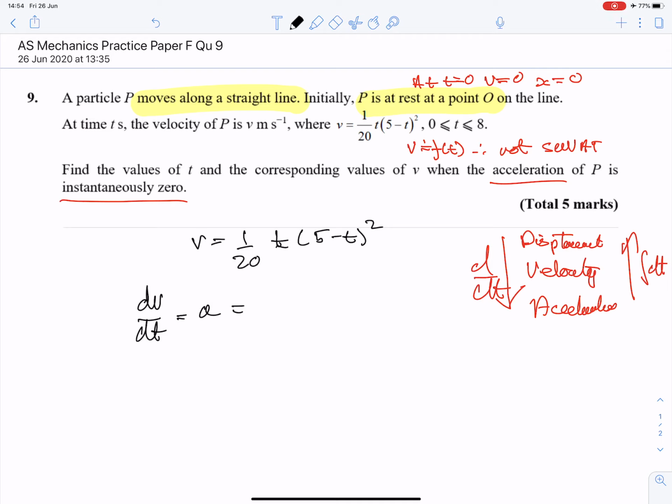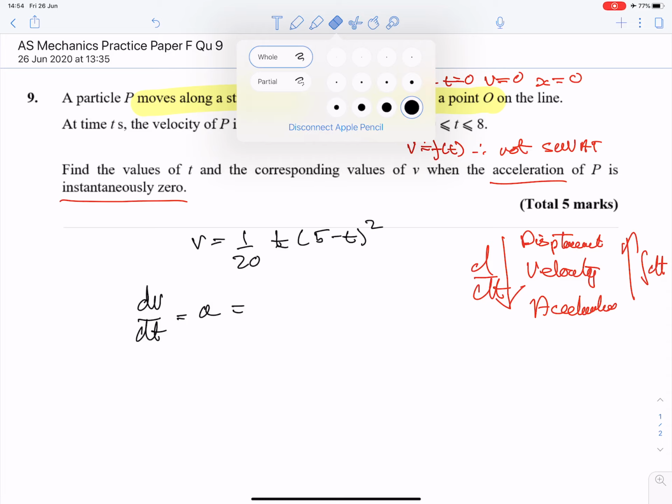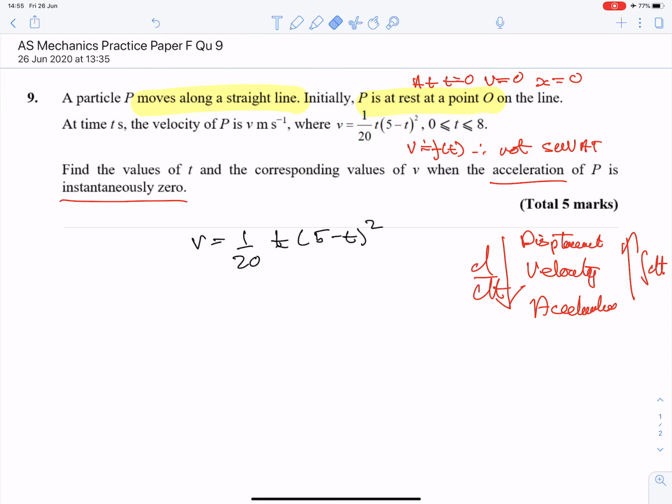But before we do that, because we're going to differentiate with respect to t, we need to get it into polynomial form. The language I've used is kx to the n form.